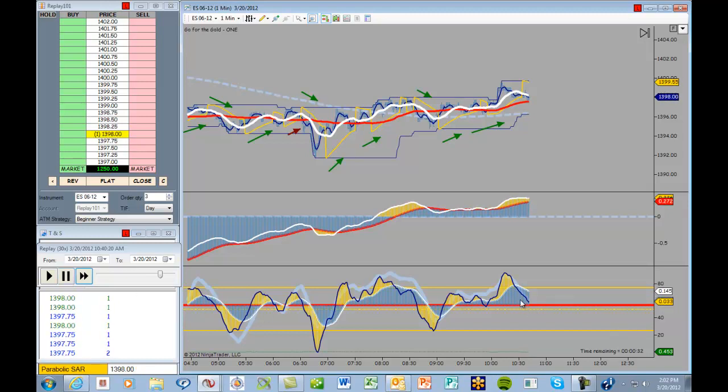We're going to look for the short-term MACD, the oscillator line, to start a bullish hook like that.